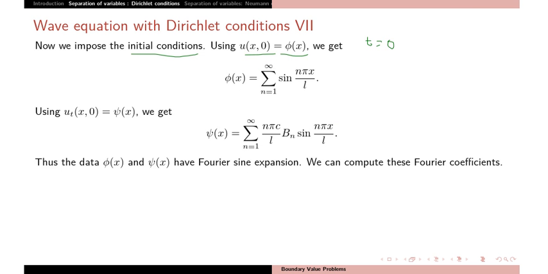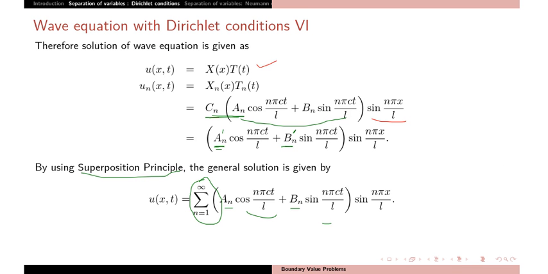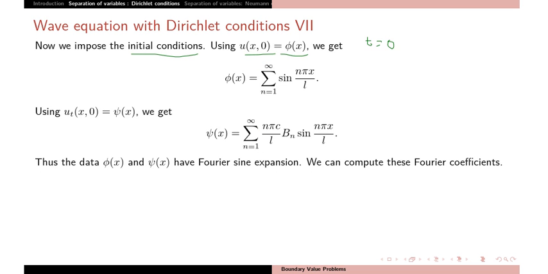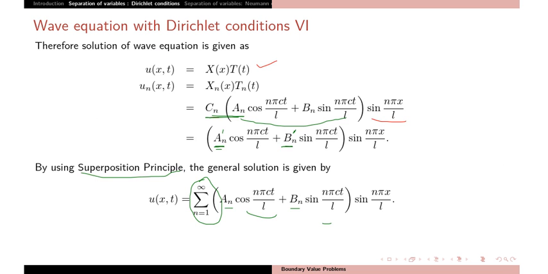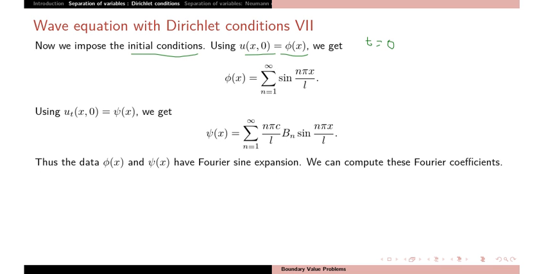So you get phi of x equal to, cos is 1, so A_n times sin(n pi x by L). When t equal to 0. And also u_t, the derivative of u.